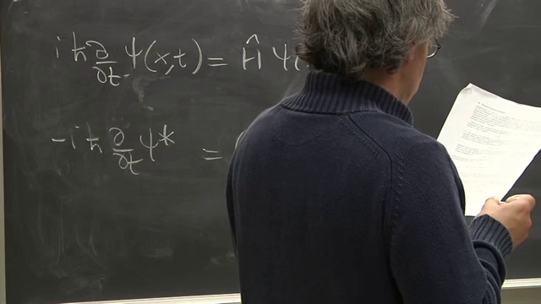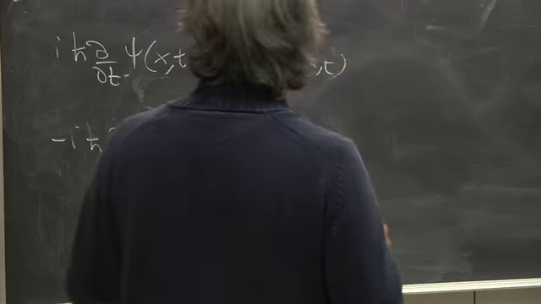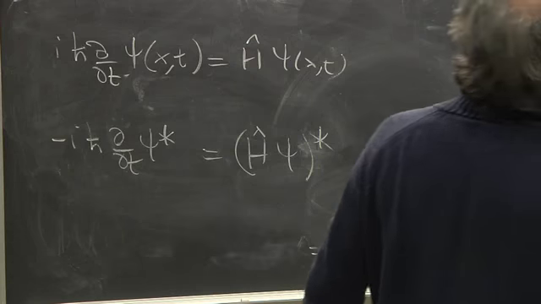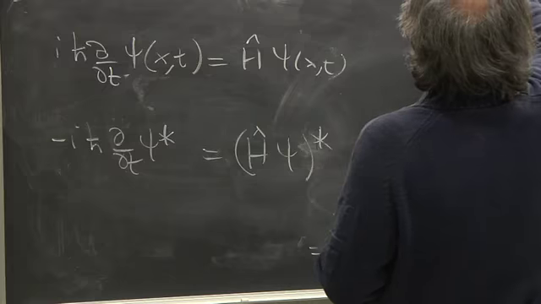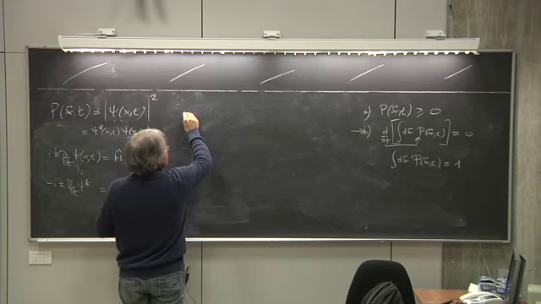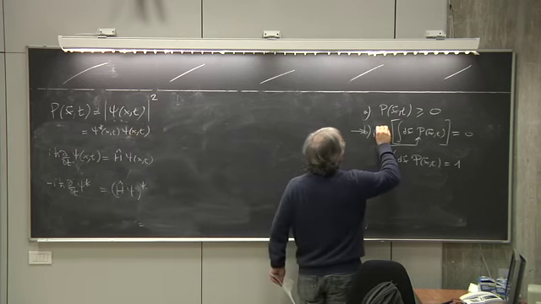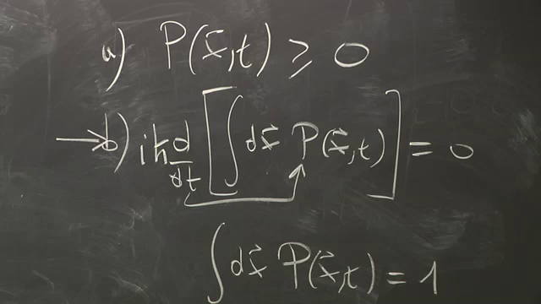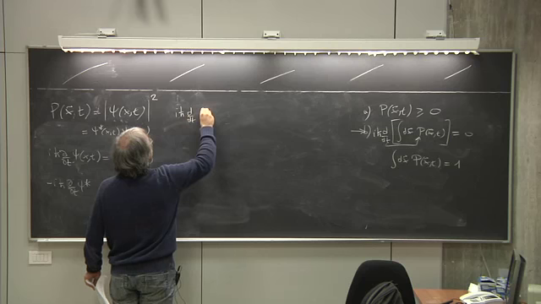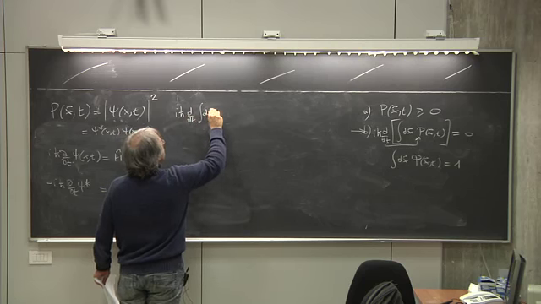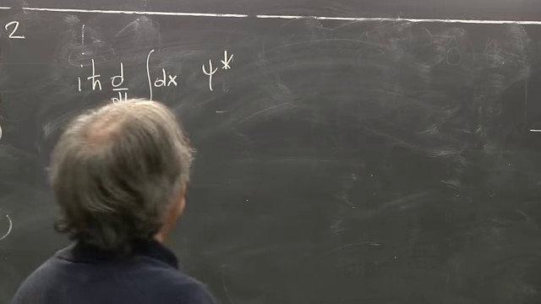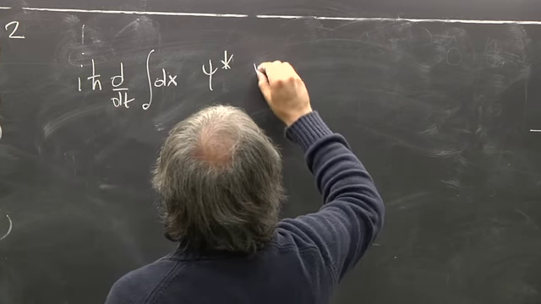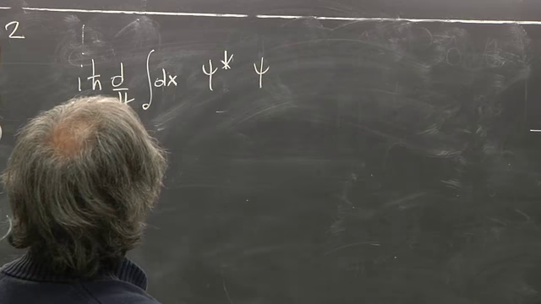Okay, so let us do now the calculation. So I have, in fact, let me put an i h bar in front. It's free, right? i h bar, the derivative with respect to time of the integral in dx of psi star. Let me omit x and t, okay? You know that they're functions of x and t. Okay? I want to be a little bit faster.